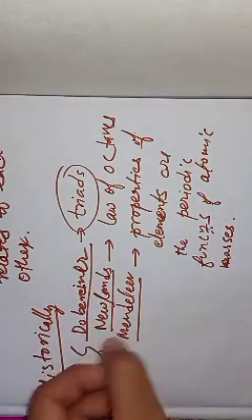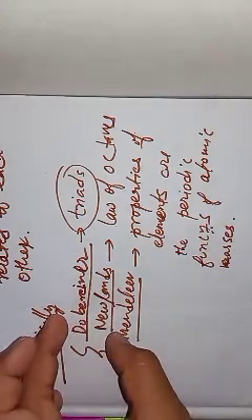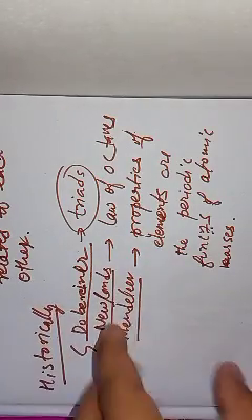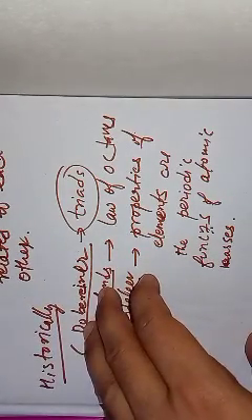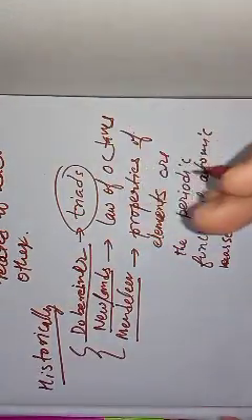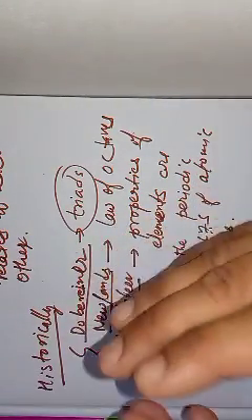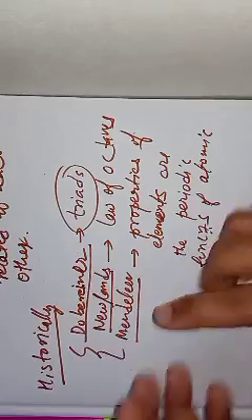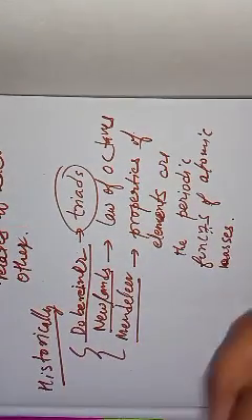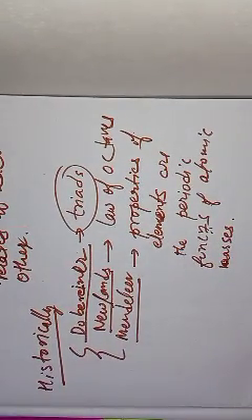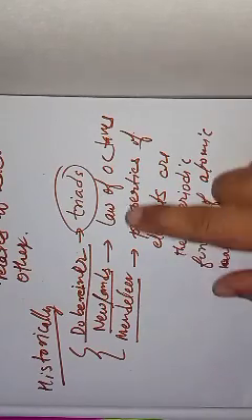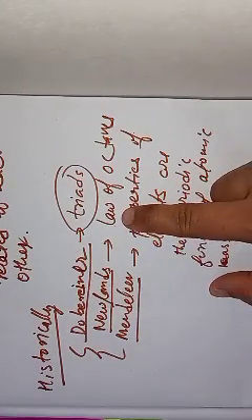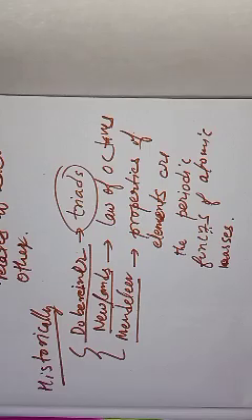But Mendeleev is the first person to form the periodic table in a proper way, the first one. Before him, Newlands tried to arrange the elements in increasing order of atomic masses, and he said that the elements follow the law of octaves.